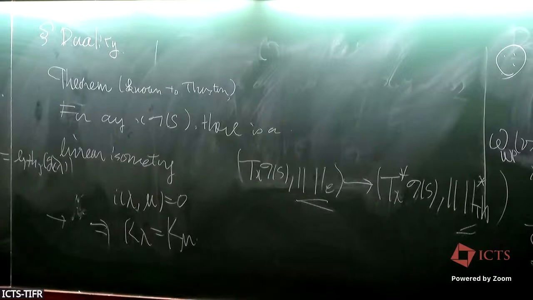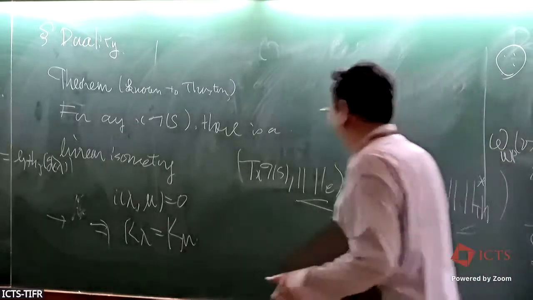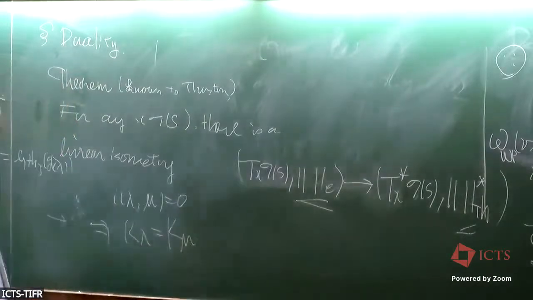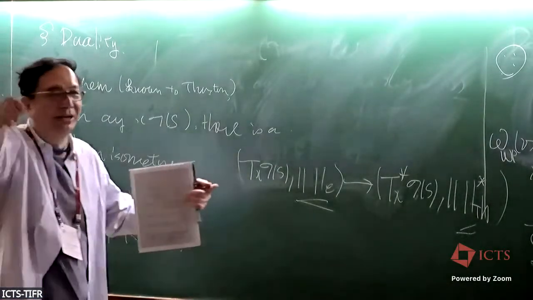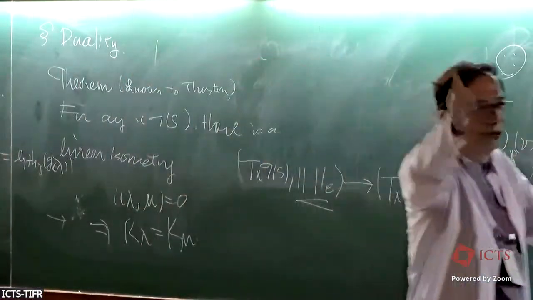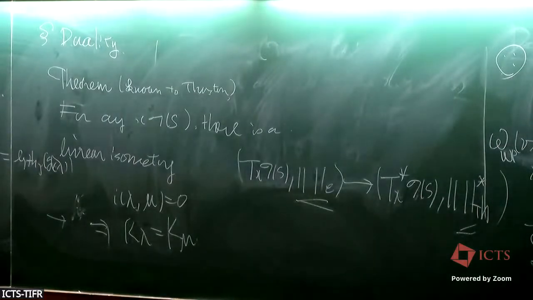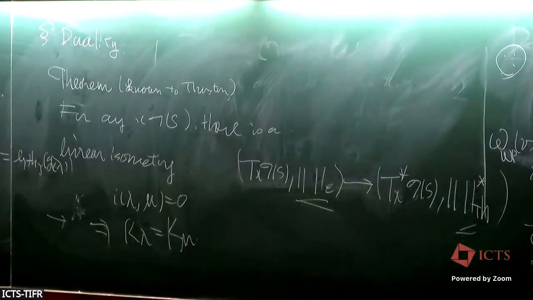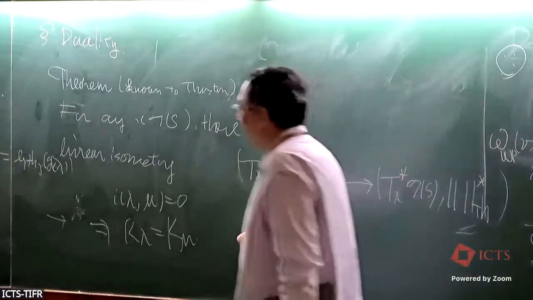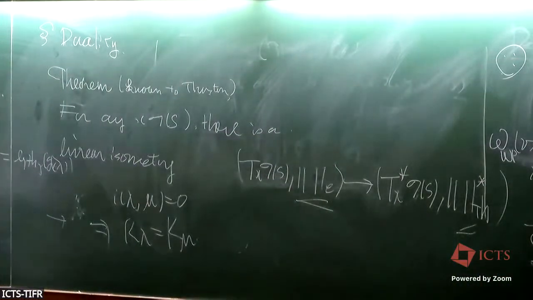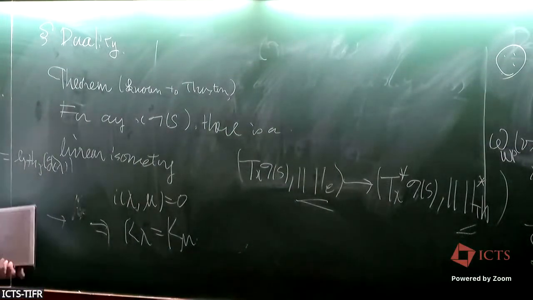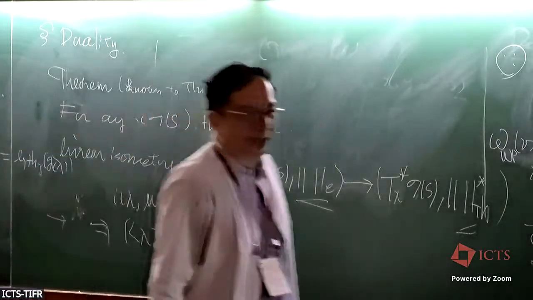So for the disjoint ones, these constants are the same. By transitivity, for any two simple closed curves, this must be the same. By this kind of argument, we can show that this k lambda actually doesn't depend on lambda. So that's a proof.